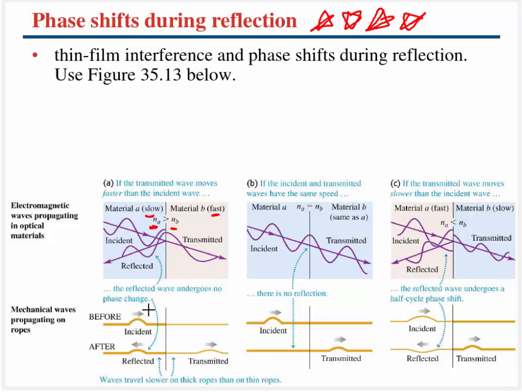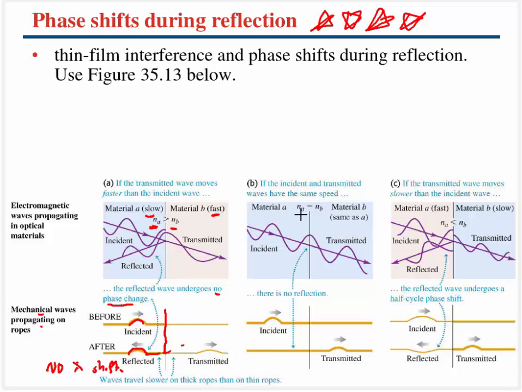In this case, the wave that is reflected is not going to undergo a phase change. We can think of it in terms of mechanical waves propagating on a rope, where we were going from a slow, thick material to a fast, thin one. We had a crest incident upon this interface, and the reflected wave also had a crest. So there was no phase shift.